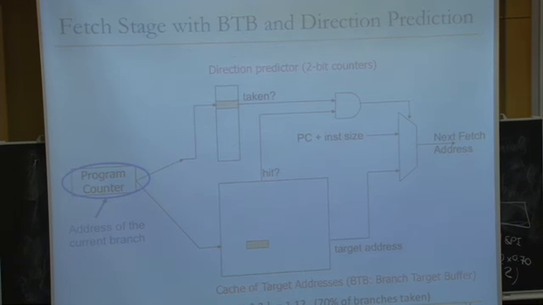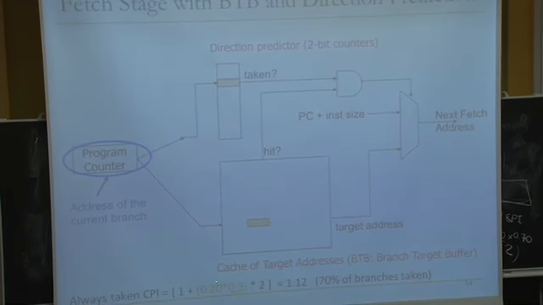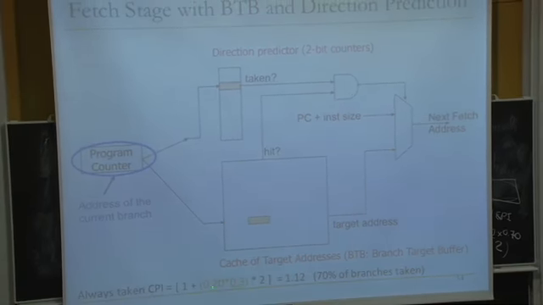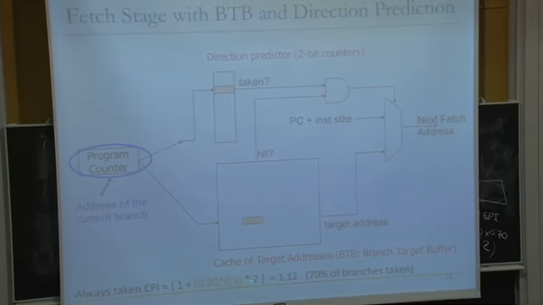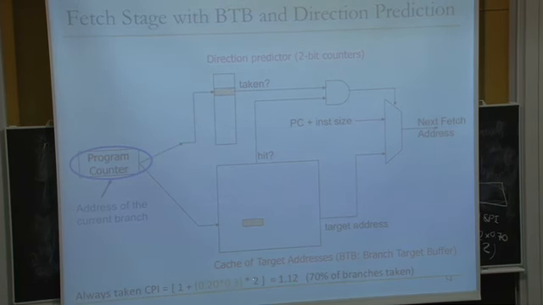Your cycles per instruction can be reduced significantly. If 70% of your branches are taken, you mispredict a branch 30% of the time, and 20% of your instructions are branches. So you get a 2-cycle penalty 6% of the time. So your CPI is 1.12.